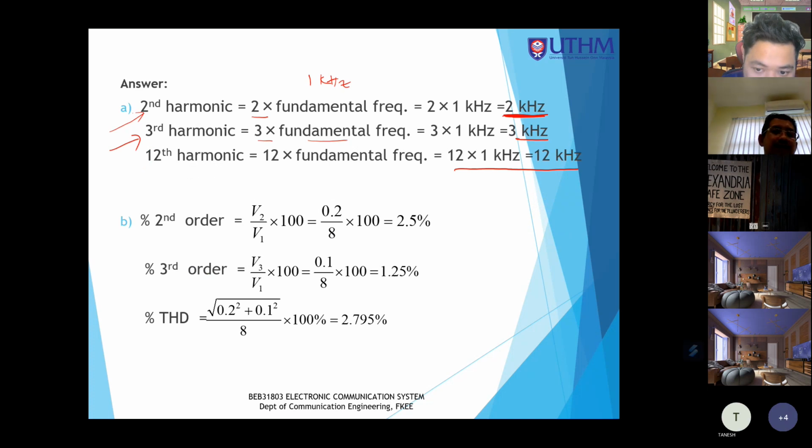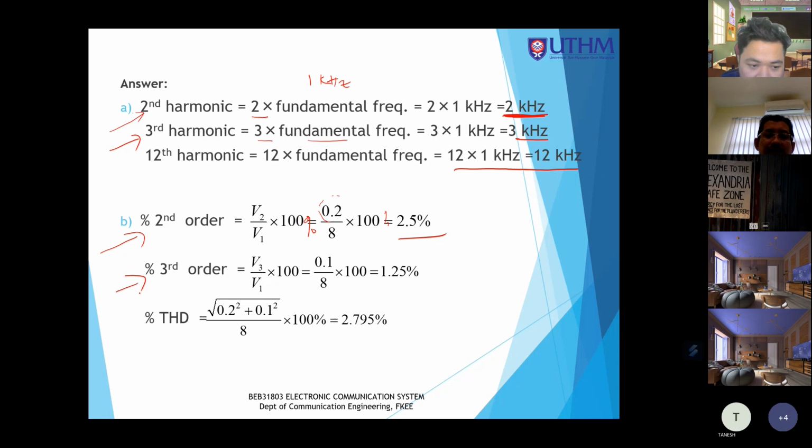The first one, we find the second order harmonic is equal to V2 over V1 multiplied with 100%. V2 is given in the question at the amplitude of the second order, 0.2 volt. Divide with 8 volt fundamental multiplied with 100%, so we get 2.5%.